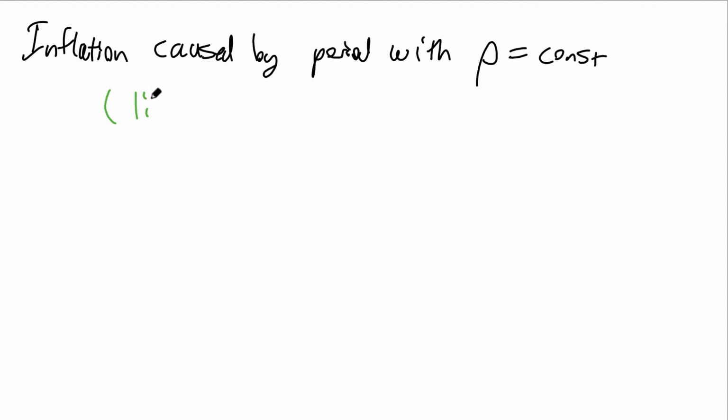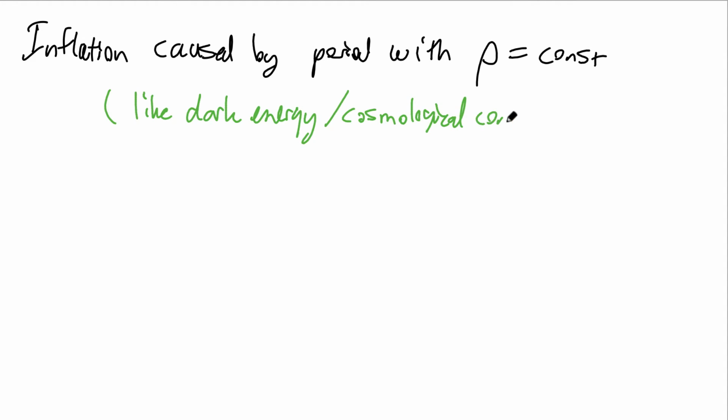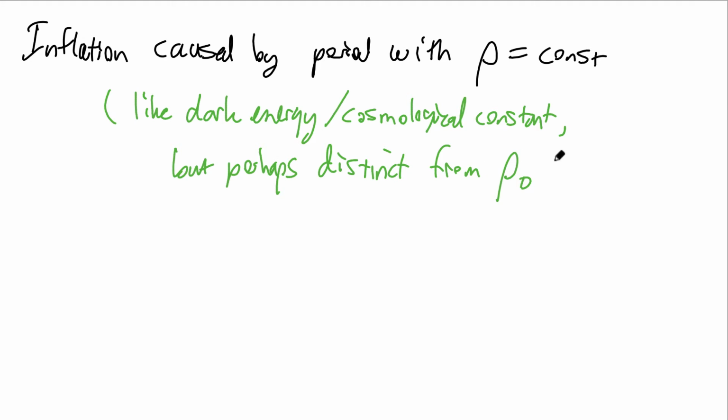So this is like dark energy, otherwise known as the cosmological constant. But in this case, in the inflationary period, it might be distinct from the dark energy that we have today.